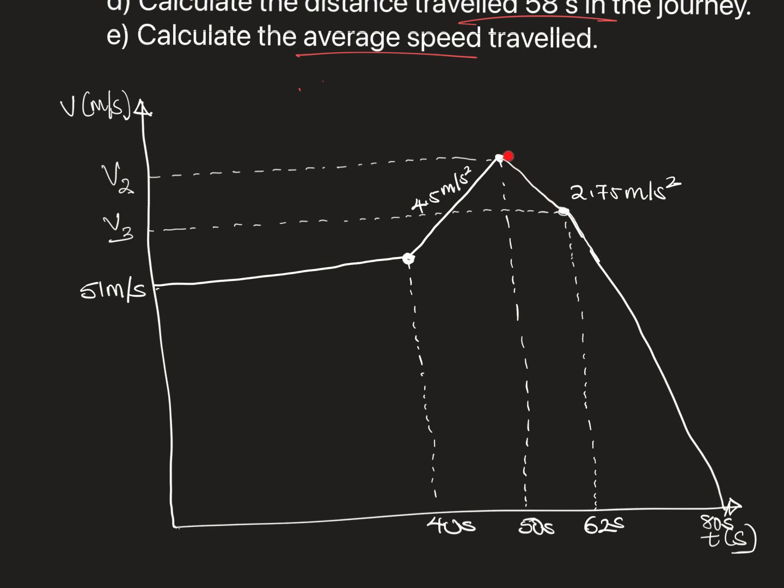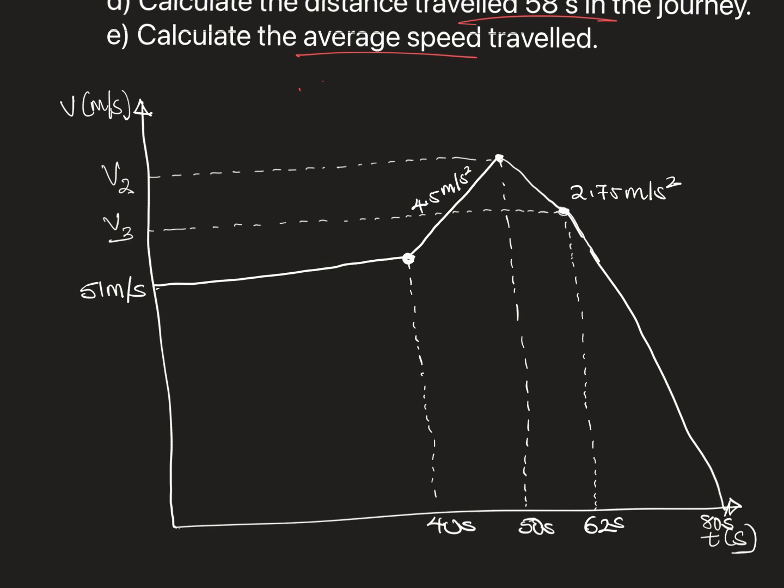The initial velocity will be here, the final velocity will be here. This area is for the fourth event, a deceleration that brought the car to rest. The initial velocity is here, which is going to be V3. The final velocity is 0, because when a body comes to rest, the final velocity is 0.